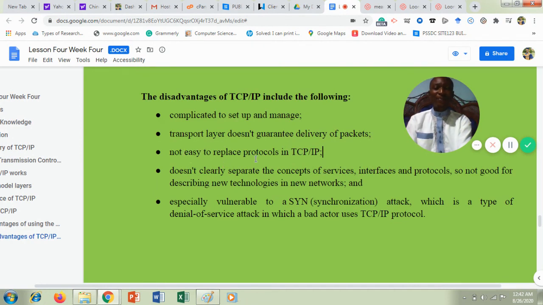It's not easy to replace TCP/IP. Then it opens a loophole for attack by malicious people. Before they can attack a particular website, they need to use the TCP/IP protocol.